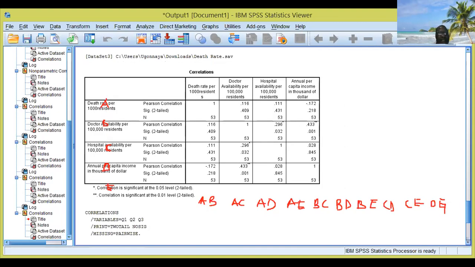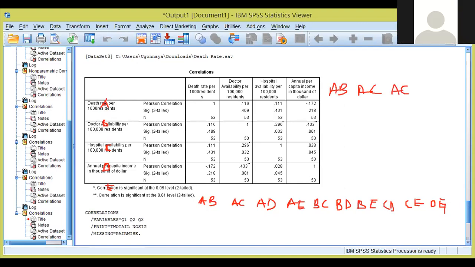Yeah, you are there. In this case now, if you look at it, there are A, B, C, D. So if you write it, it's going to give you 6 options. It's going to be A and B, A and C, A and D. That's 3.